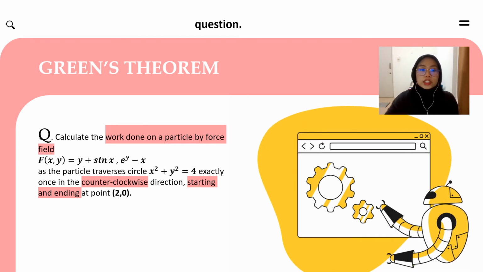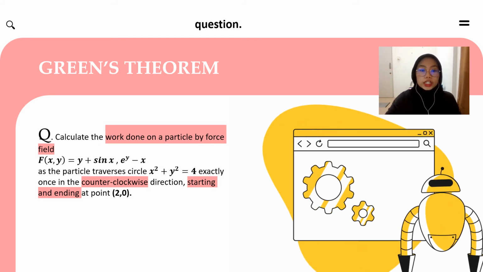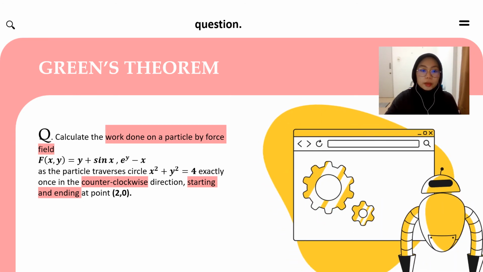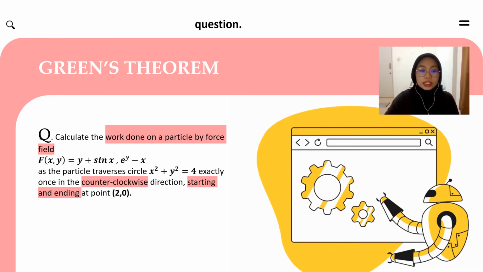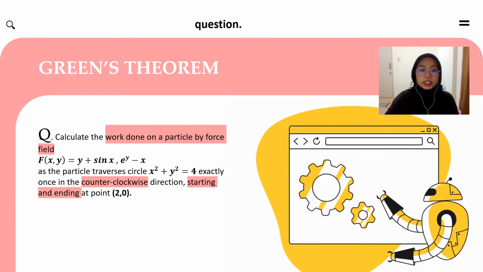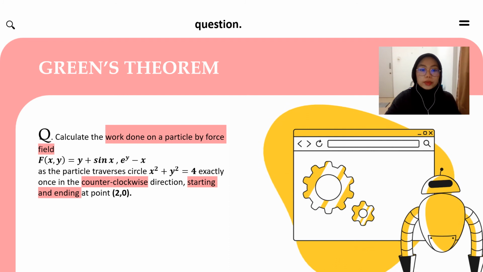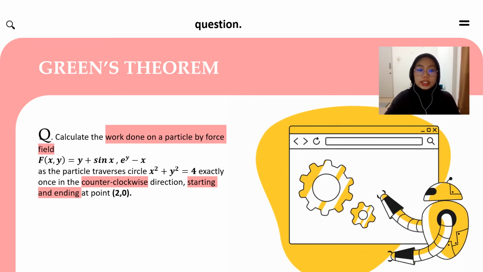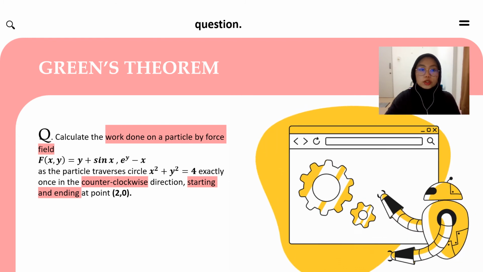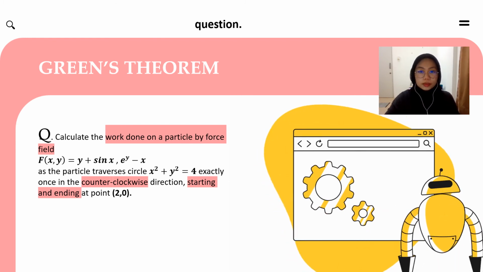Green's theorem question. Calculate the work done on a particle by the force field F(x,y) equals y plus sine x, e to the power of y minus x, as the particle traverses the circle x squared plus y squared equals 4 exactly once in the counterclockwise direction, starting and ending at point (2, 0).